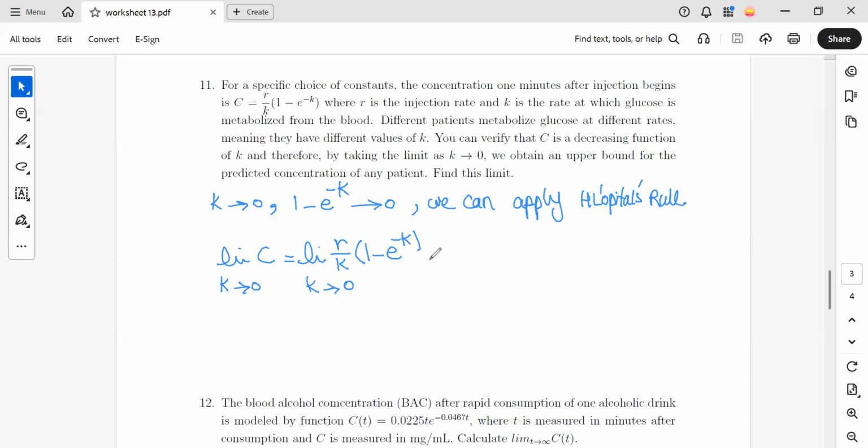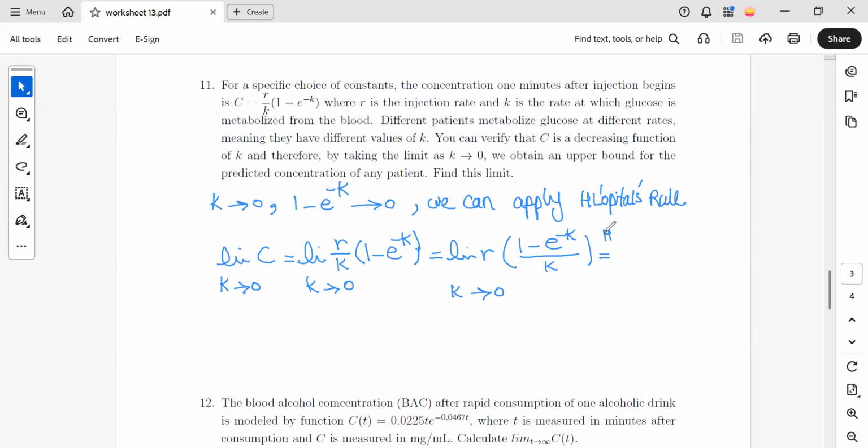So if we want to use L'Hopital, we need 0 over 0 or infinity over infinity. So it would be a good idea if I rewrite it as r times 1 minus e to the negative k over k to have 0 over 0.